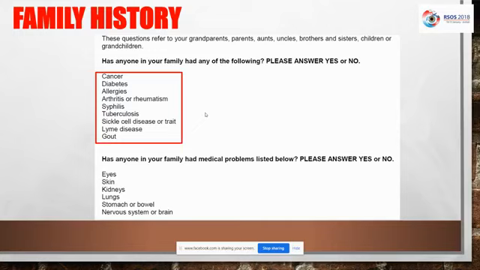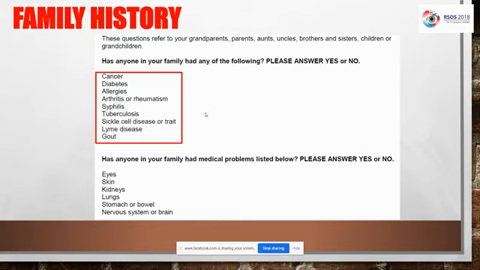Again, those should be excluded through taking a detailed history. So you need to exclude the presence of cancer, diabetes, syphilis, tuberculosis, sickle cell disease or trait, Lyme disease, and gout.